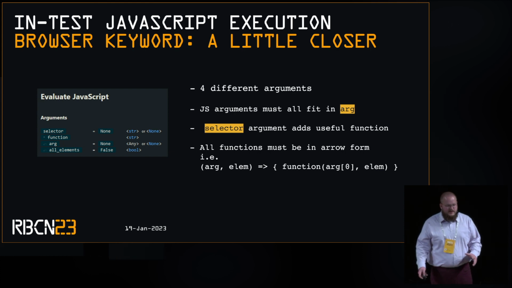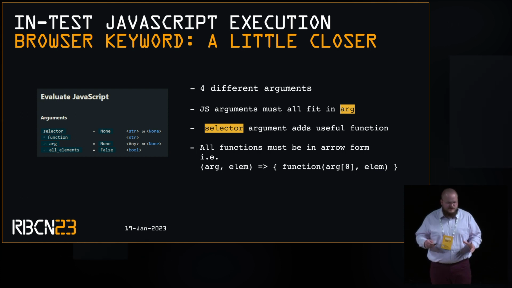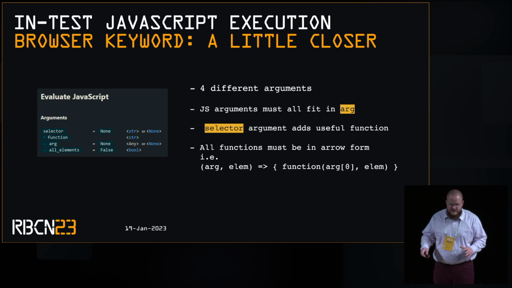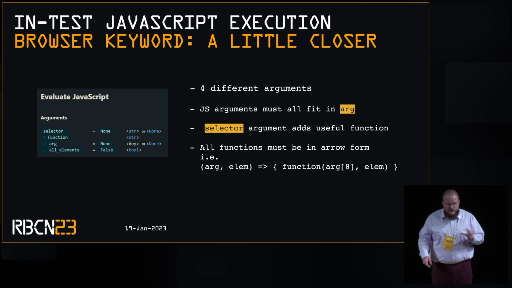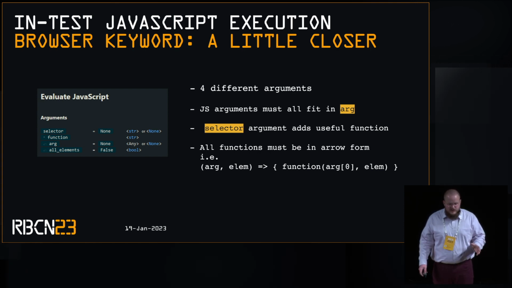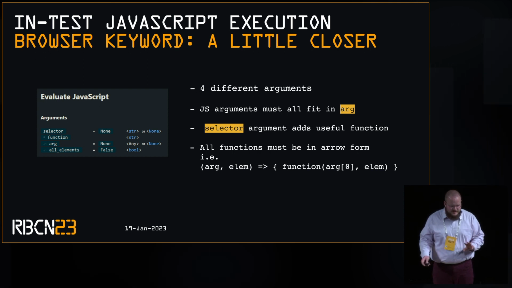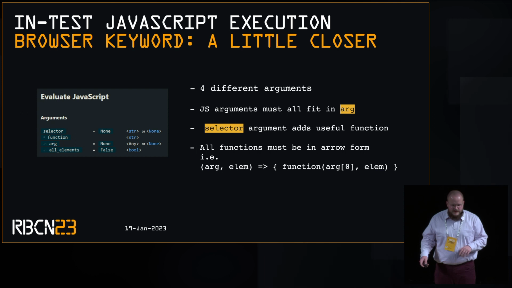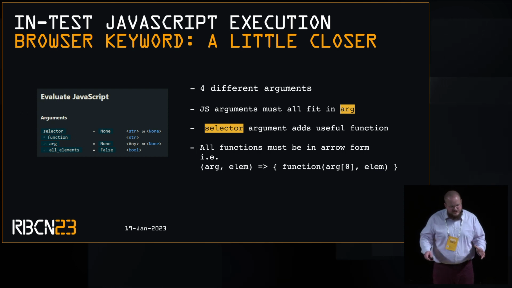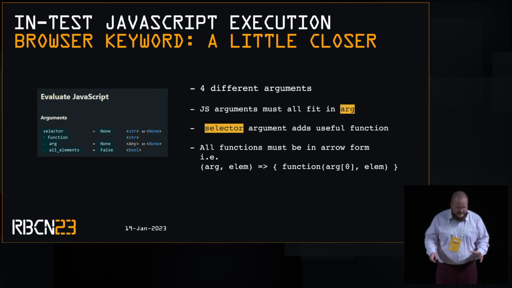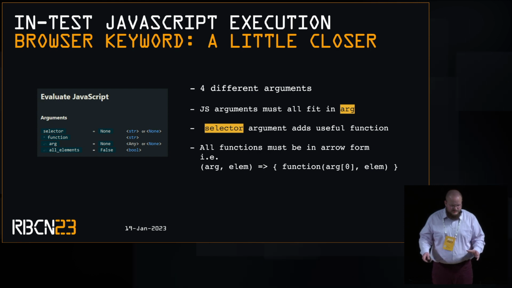In-test JavaScript execution in Browser Library takes 4 different arguments. We're really only concerned with the first 3 here. There is the JavaScript itself, which is contained under an unpacked list as well, called function.